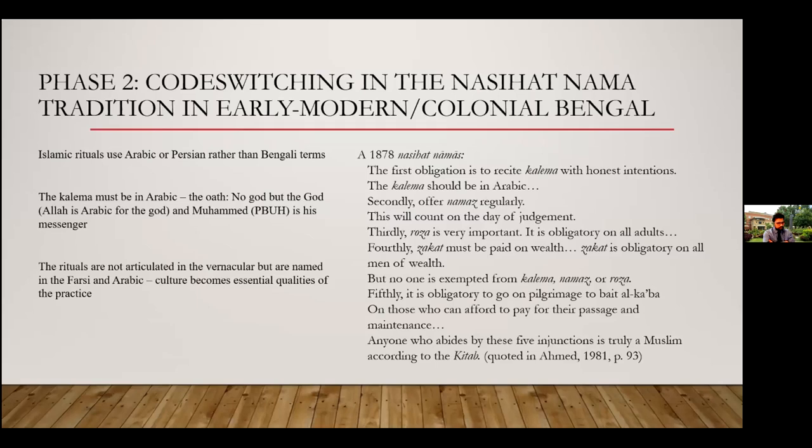So the Nasihatnamas, or the genres that come around this time, are explicitly targeted for communicating and codifying and purifying Islam as they saw it.